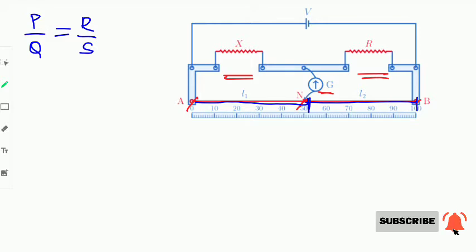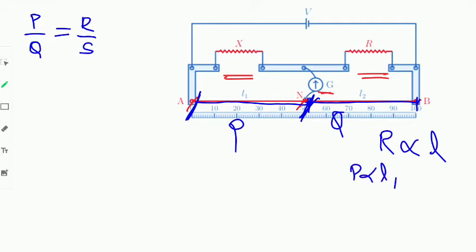We know that the resistance is directly proportional to the length of the conductor. So the resistance of the corresponding length is taken as P and the other portion is taken as Q. So P is proportional to L1 and Q is proportional to L2.